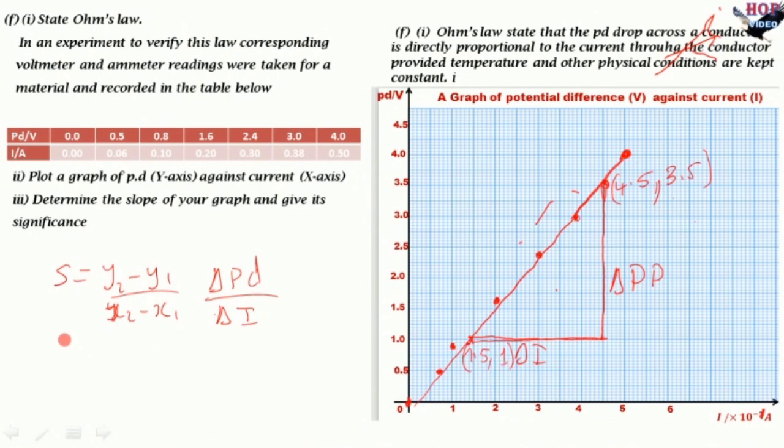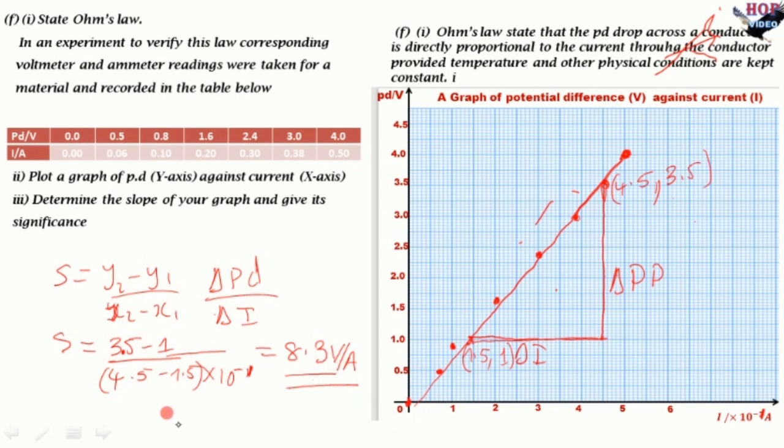So slope is equal to 3.5 minus 1, all over 4.5 minus 1.5. Lastly, we are asked to determine the physical significance of the slope. We have 8.3 volt per ampere, which is the same as the resistance of the material, which is 8.3 ohm.